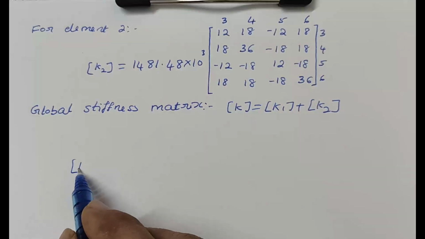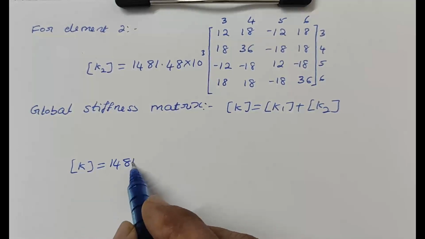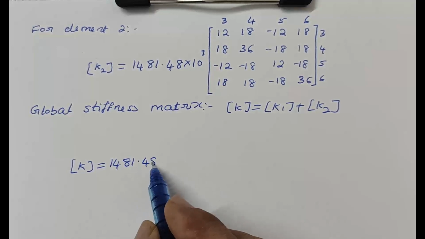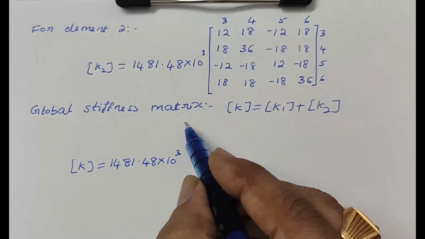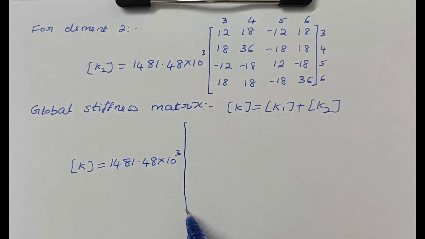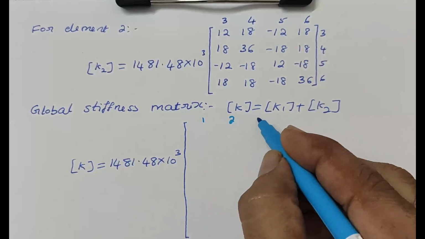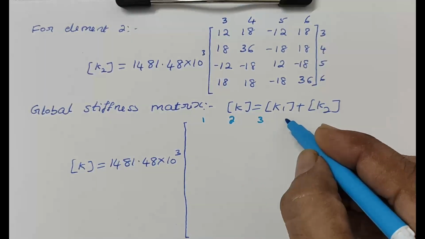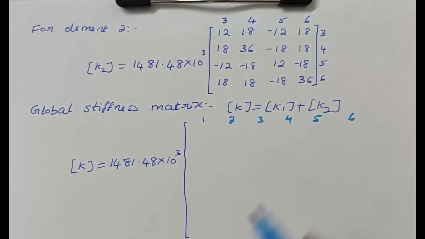Therefore K is 1481.48 into 10 power 3 outside, numbering 1, 2, 3, 4, 5, 6.